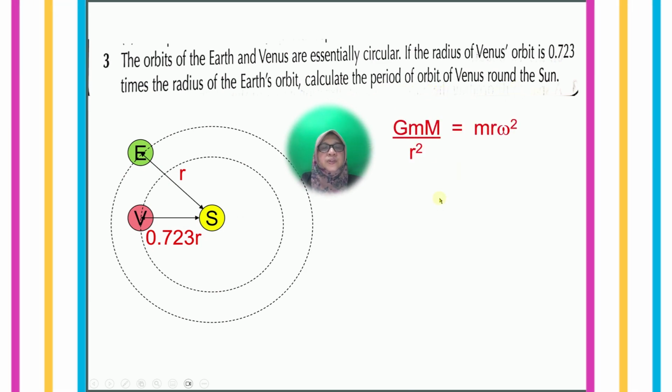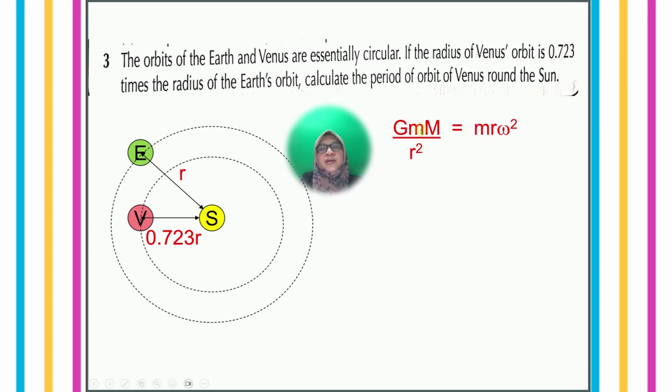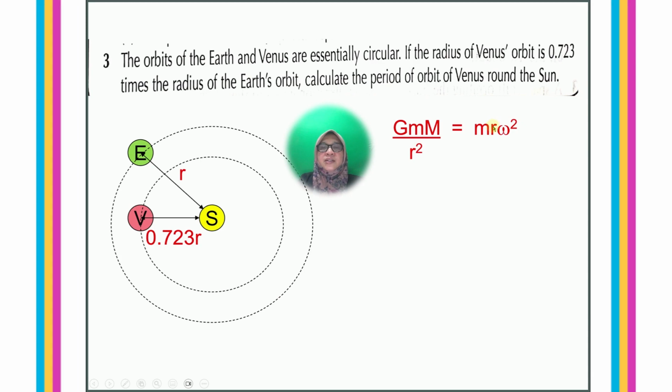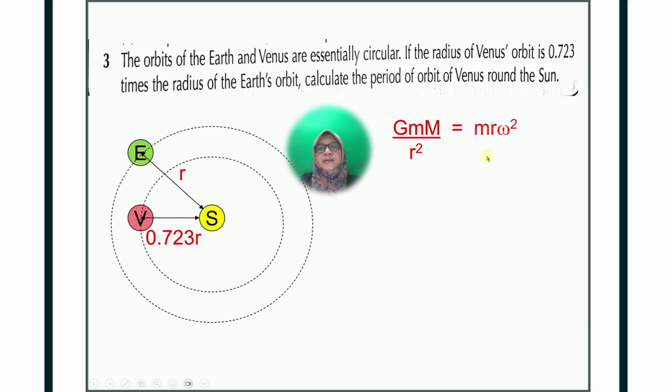Okay, because this is a circular path, you can use centripetal force, m r omega squared, and this is provided by the gravitational force, which is GMm over r squared. So gravitational force provides the centripetal force.